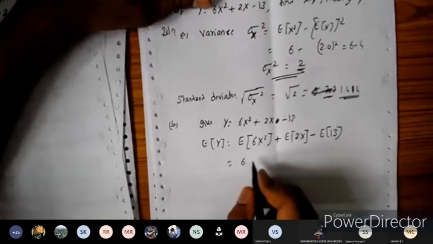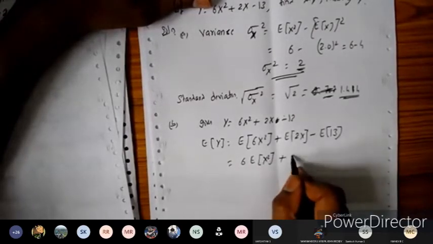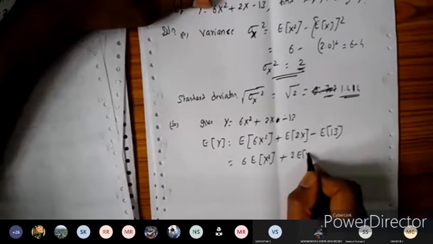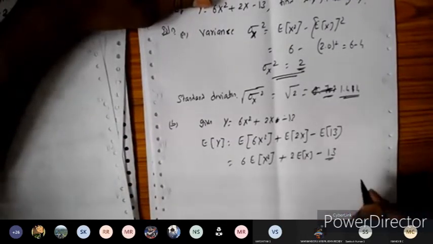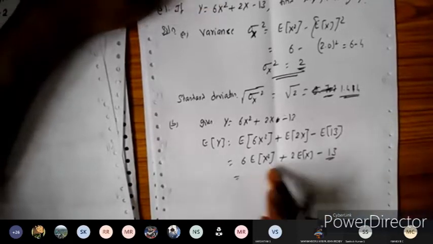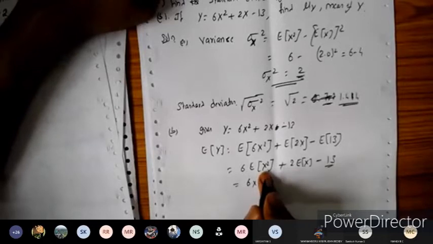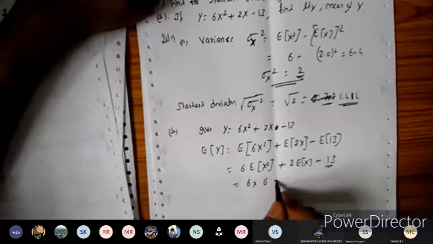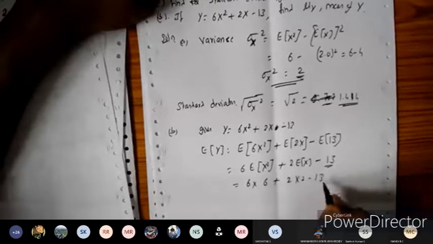So 6 is a constant, we can apply the scalar property. So 6 into expectation of x square plus 2 into expectation of x minus expectation of 13, which is a constant, so 13 only. We know the mean square value and the mean of x, let us substitute here. So 6 into expectation of x square, which is given as 6 in the problem, and expectation of x is 2, minus 13.